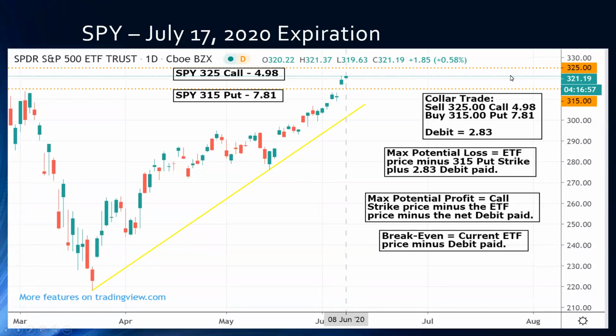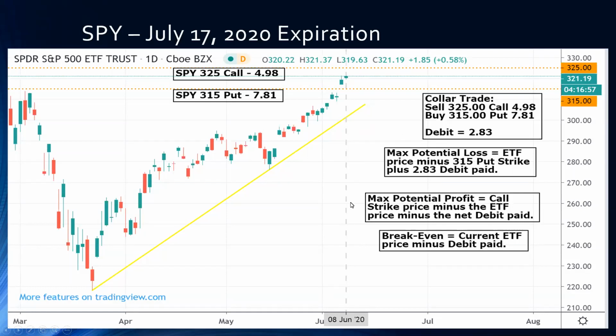As long as the market gets above $325, which is your strike price of the call, plus your debit of 283, then you've locked in your return, and the only thing you gave up was the $283 out of the max of the move if the market should rally higher. Now, should the market go lower, here's what happens, okay?